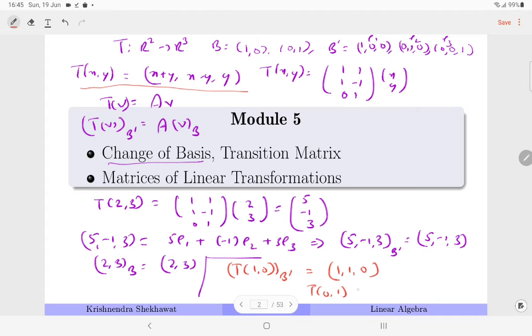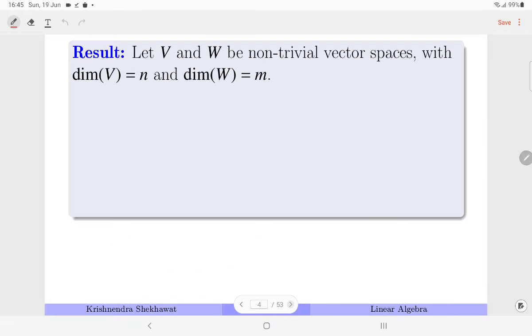And T of (0, 1) with respect to B dash is (1, -1, 1), which is the next column of the matrix A. It means that we can always find the coordinates of T of V with respect to B dash using a matrix A, where A has the columns as the coordinates of T of V1 with respect to B dash, T of V2 with respect to B dash, and so on. This matrix A is known as the matrix of linear transformation.